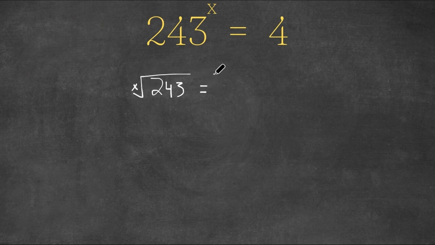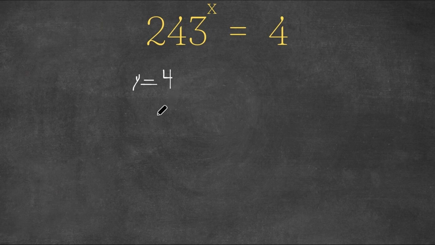We're going to first find that out. So 243 to the what root equals 4? Well, as we already know, that's 4, right? 243 to the 4th root equals 4. I'm just going to say that this is y. So y equals 4.